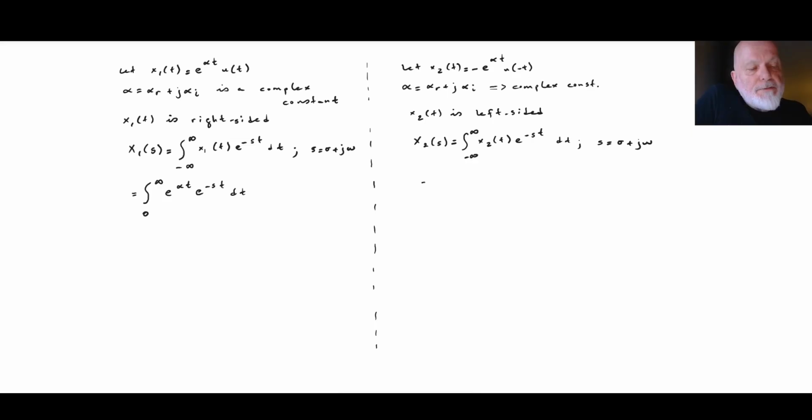Now here, for the left-sided signal, we have u of minus t. Therefore, the integral will be from minus infinity to 0 of minus e to alpha t e to minus st integrated with respect to t.